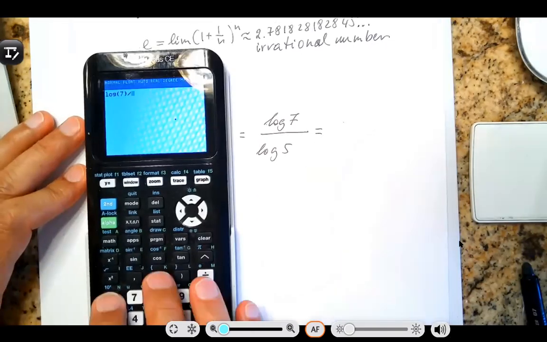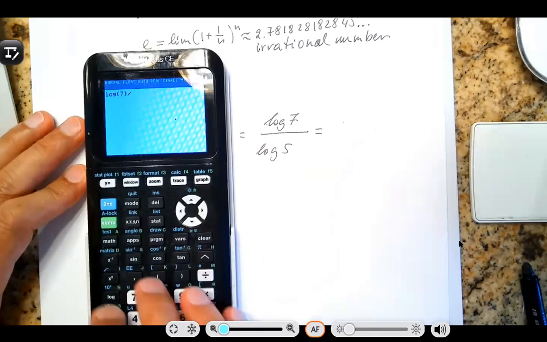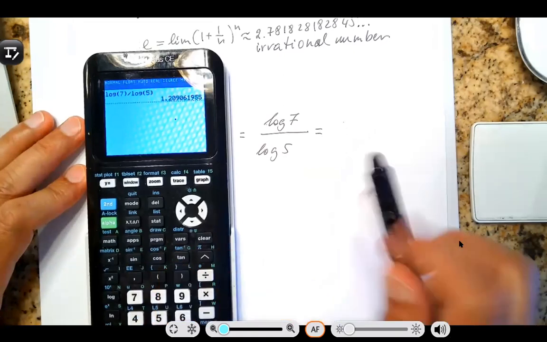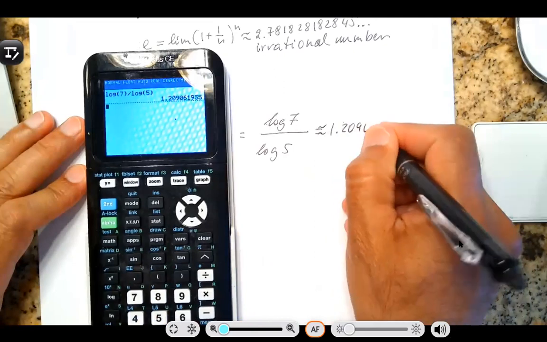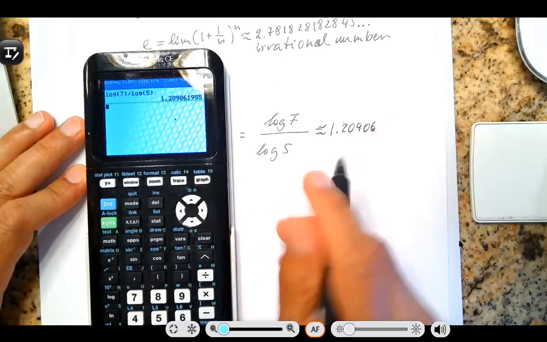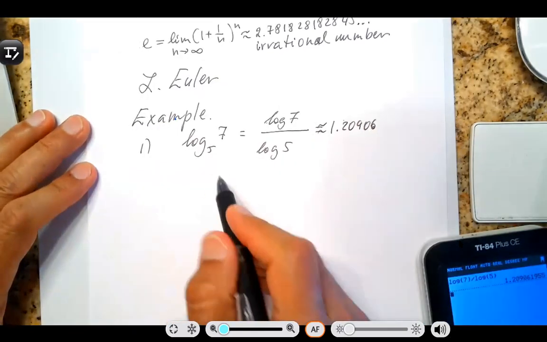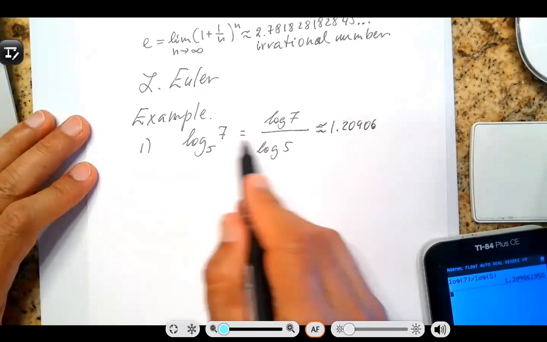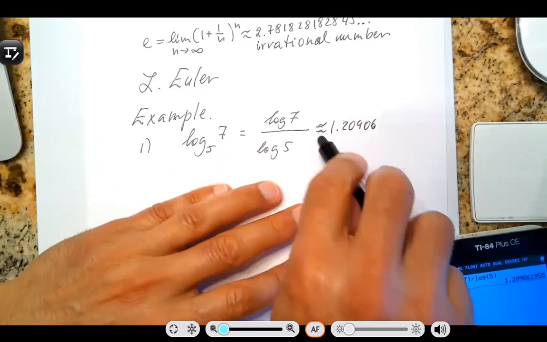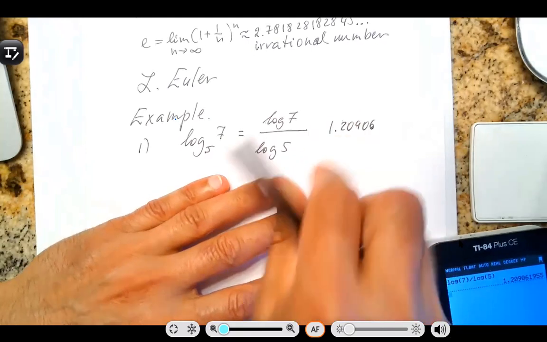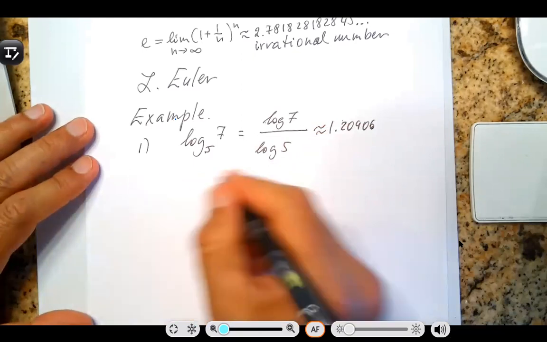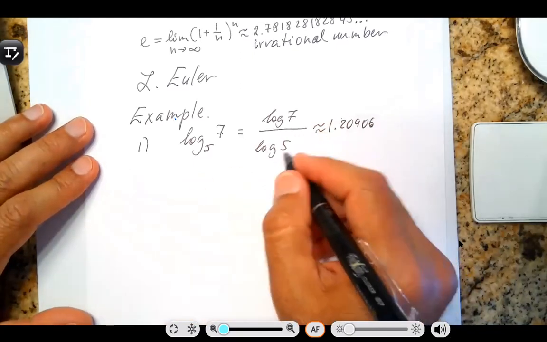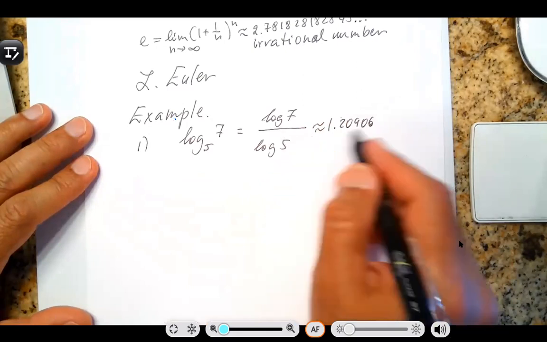So it's approximately 1.20906, and there are more digits. That means 5 raised to this power gives you approximately 7. It's an irrational number. Or you can use base e, it doesn't matter because we just proved no matter which base you go, you get the same answer.